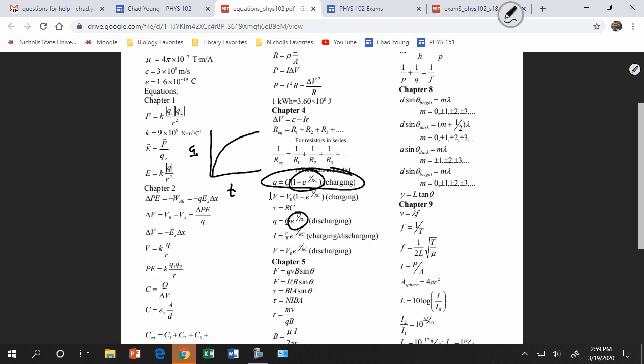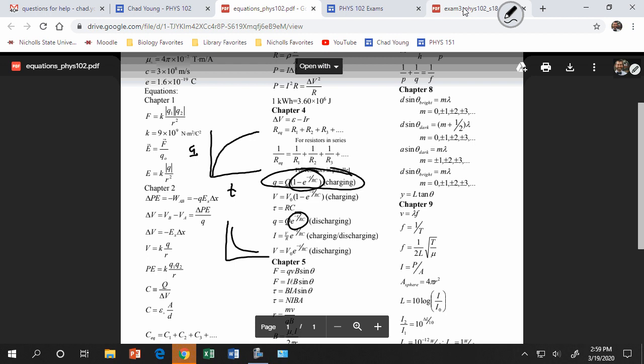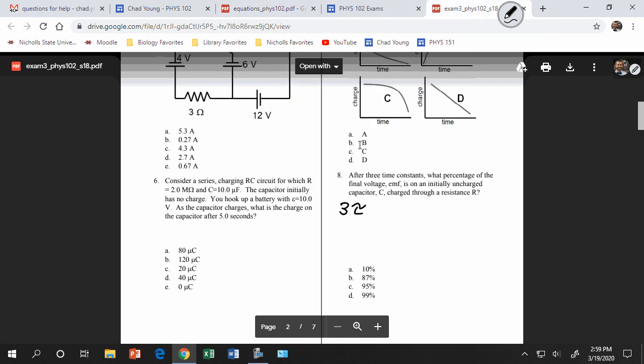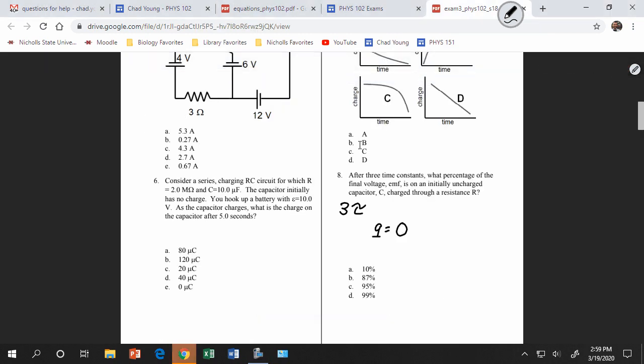Whereas this function, which gives Q for a discharging capacitor, will look like that. I can then say Q is equal to big Q times 1 minus e to the minus t over RC, which is tau.